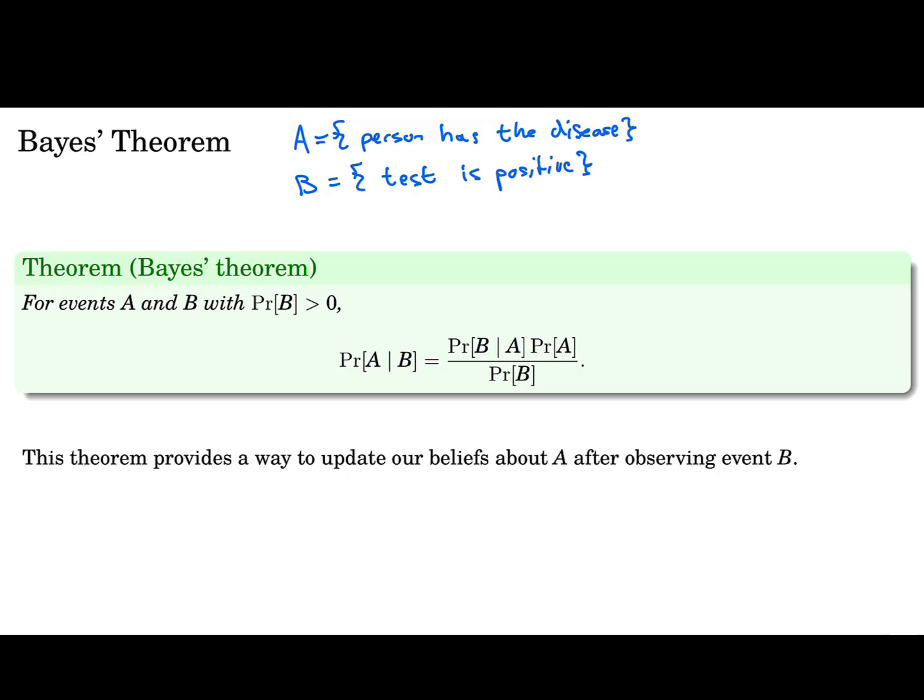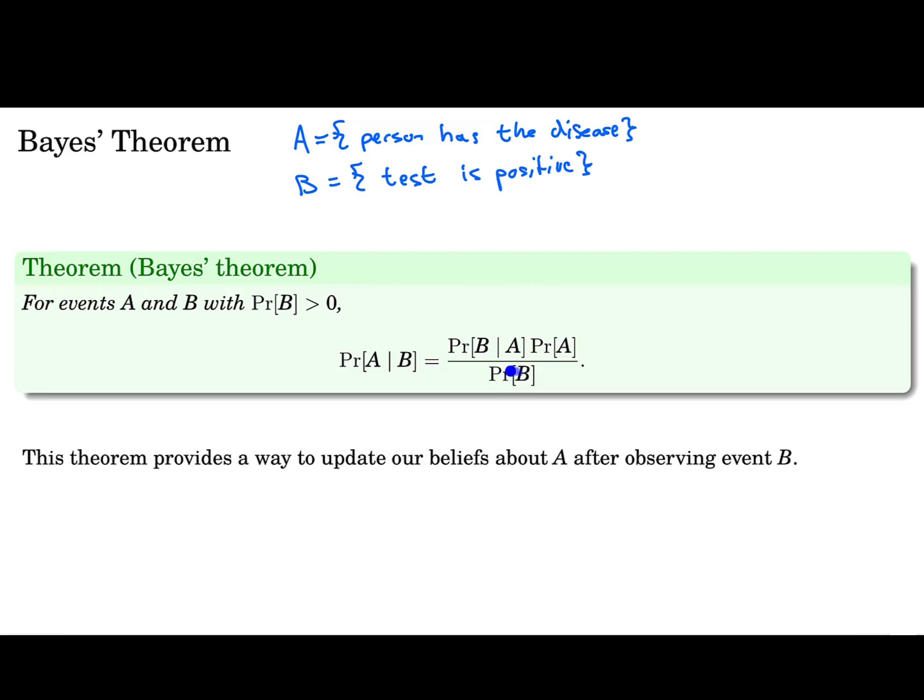Bayes' theorem tells you that it's related to the probability that someone tests positive when they have the disease, times the probability that someone has the disease, divided by the probability that someone tests positive.